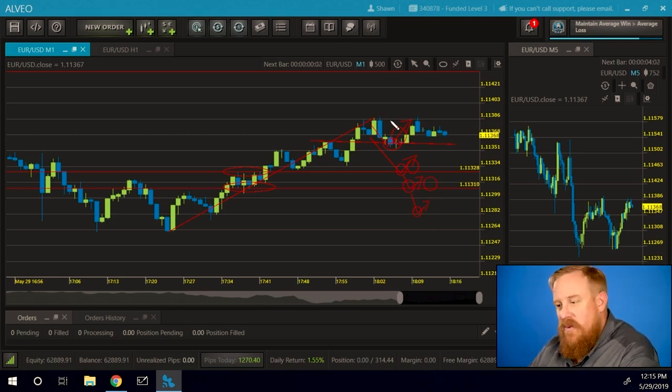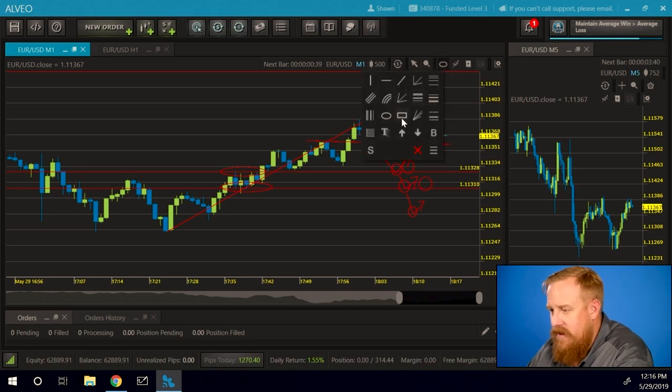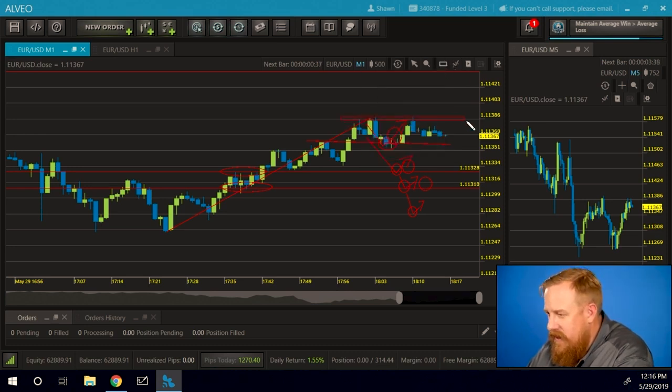Market drops again, has another leg lower, I'll be adding another layer at this point. So anywhere between the 0 and 100%, so 0 up here, 100% down here, 100% retracement would mean that the market drops all the way back to here. So anywhere between the 0, I'll just put a big box there.